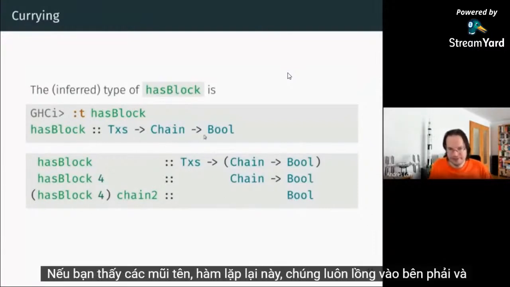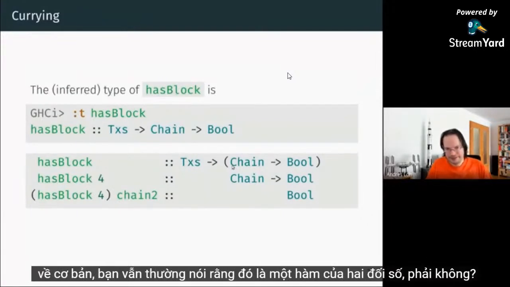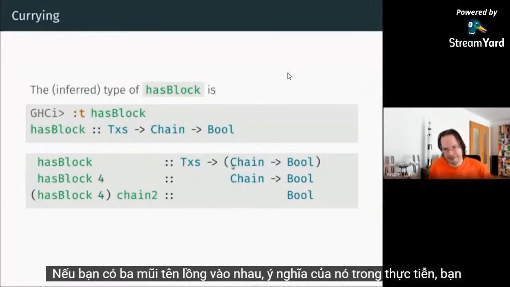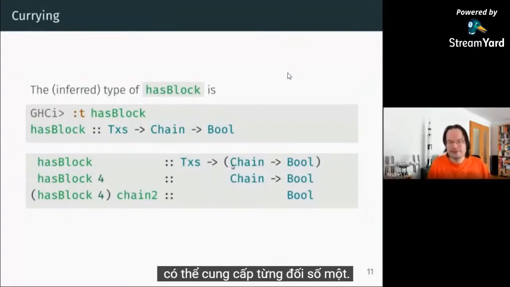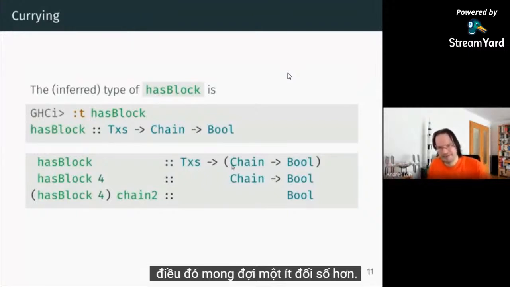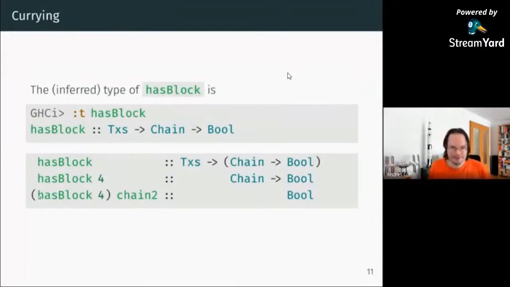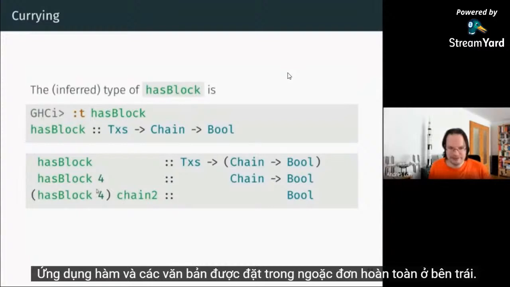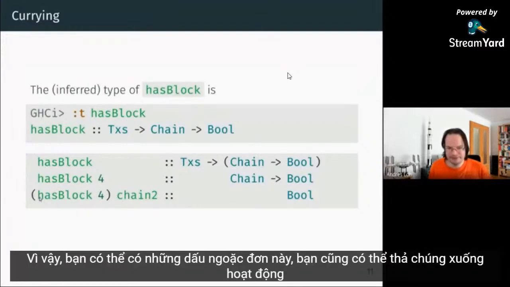If you see these repeated function arrows, they always nest to the right, and you informally still say it's a function of 2 arguments, right? Or a function of 3 arguments if you have 3 nested arrows. What it means in practice is you can supply arguments one by one, and whenever you supply one argument, you are left with a function that expects one less argument. The function application syntax is implicitly parenthesized to the left, so you can have these parentheses, you can also drop them.